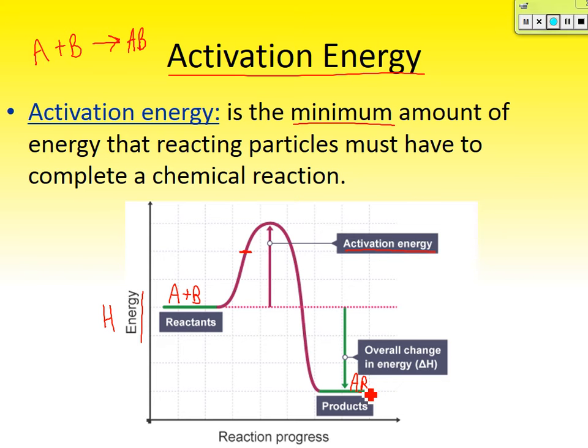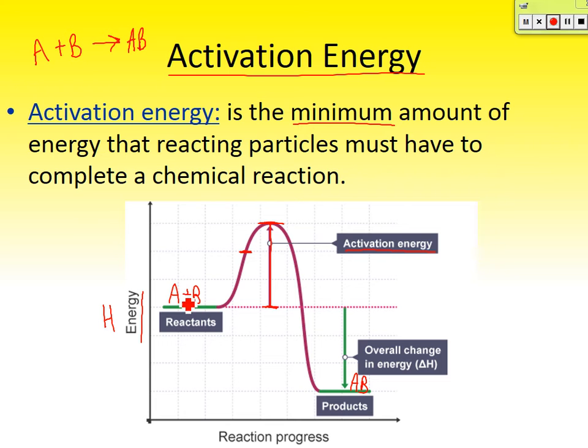I'm hoping that you're thinking that no, if they hit with just that much energy, it's not going to form any product. The activation energy for this reaction is up here, so they've got to hit each other with this much energy in order to overcome that hill, this activation energy, and then it will form the products. So that's the third step of collision theory.